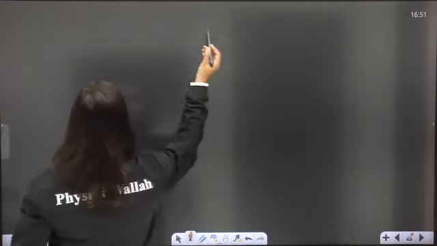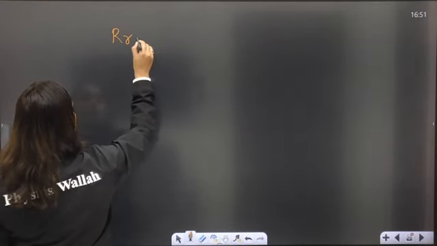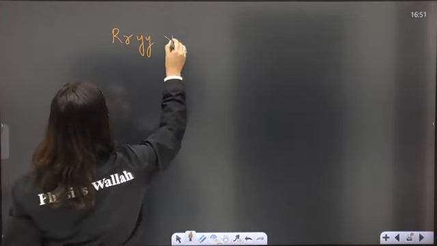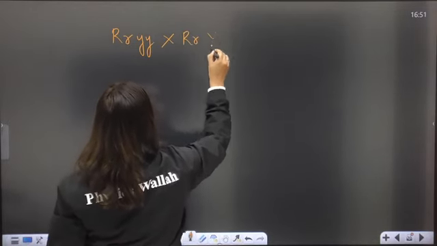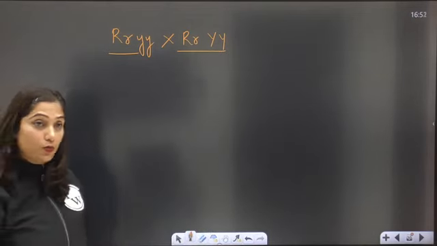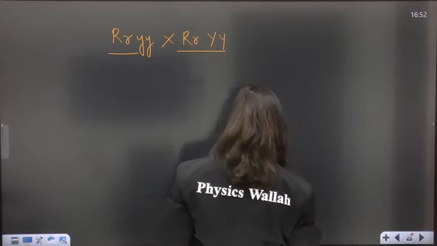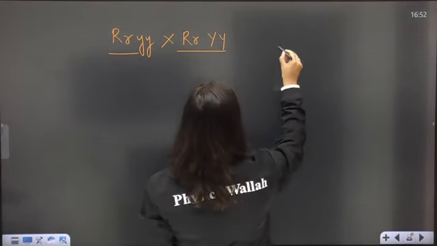Suppose this is given, these are the two parents. Okay, these are the two parents, and the question is saying that you have to find out the probabilities of these genotypes.